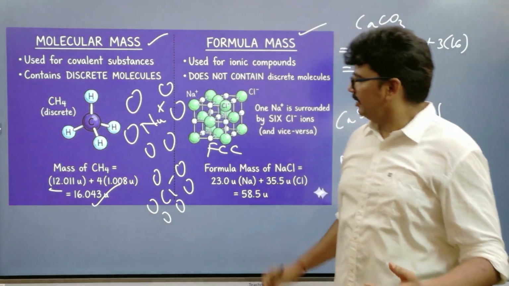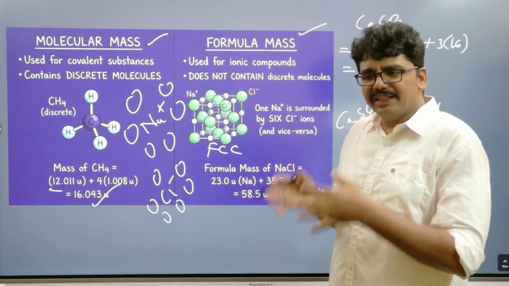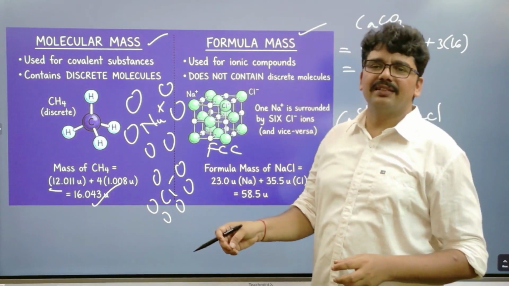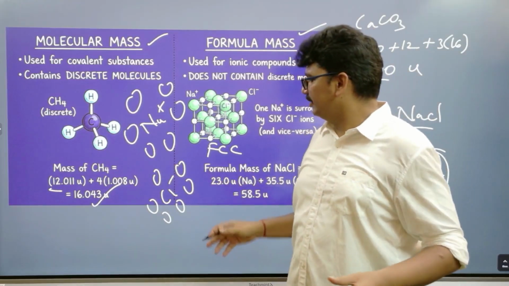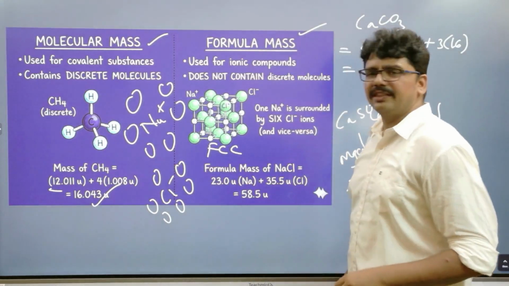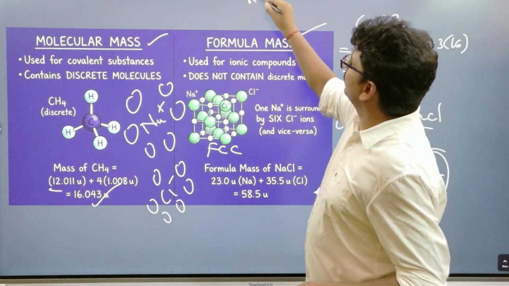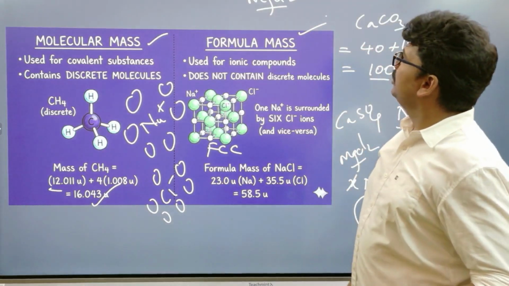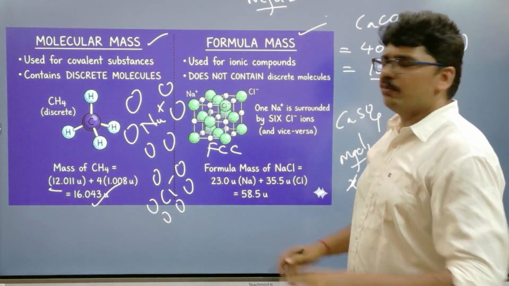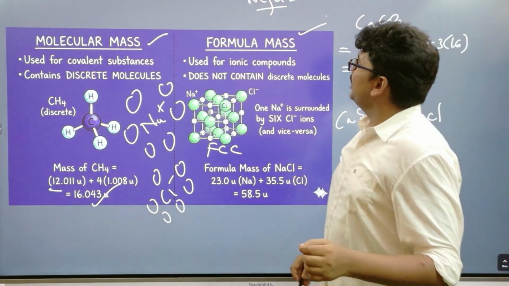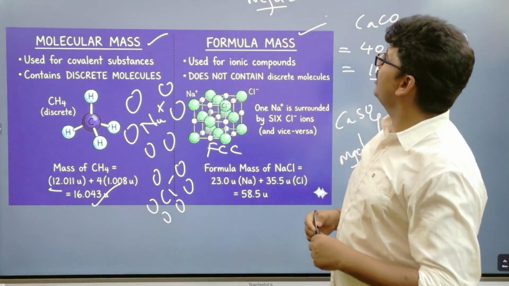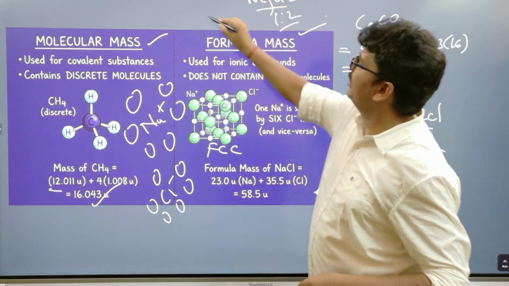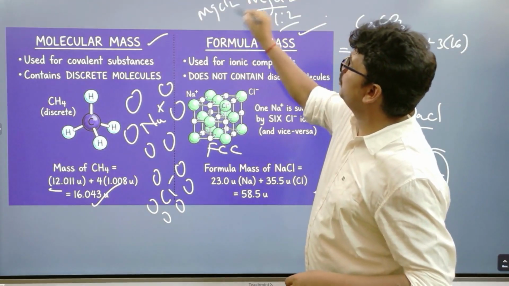So why do we say this is NaCl? Because the ratio of the number of Na plus and Cl minus ions in any amount of crystal is 1:1. If I take a magnesium chloride crystal, any amount, and take the ratio of the number of magnesium ions to the total number of chloride ions, you will get a 1:2 ratio. That's why its formula is MgCl2.